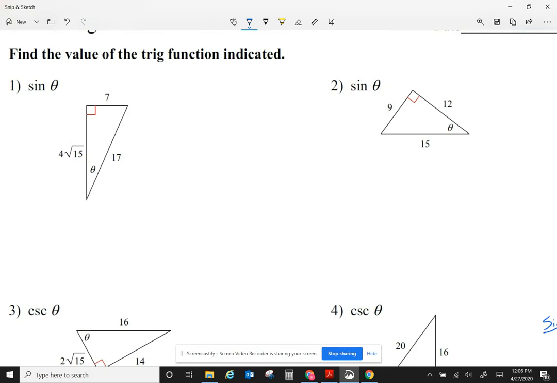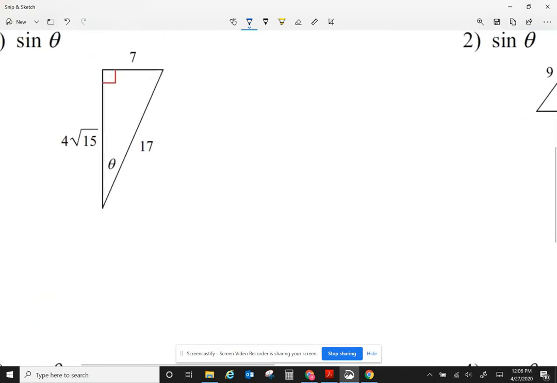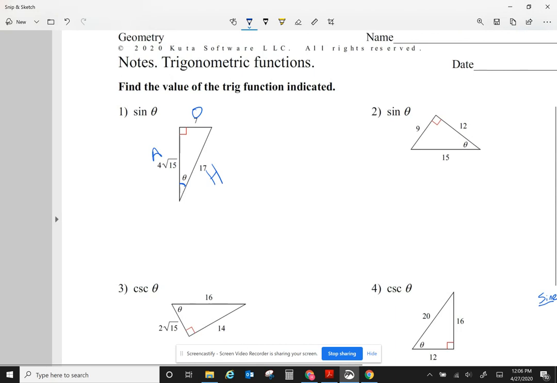Sine of theta. I know the biggest side, the side that is far away from my 90 degrees, is my hypotenuse. I'm going to label it as H for hypotenuse. I see the corner that is labeled theta. From that corner, the side that is far away from it is my opposite, and the side that is next to it is my adjacent. And I told you that sine was opposite over hypotenuse.